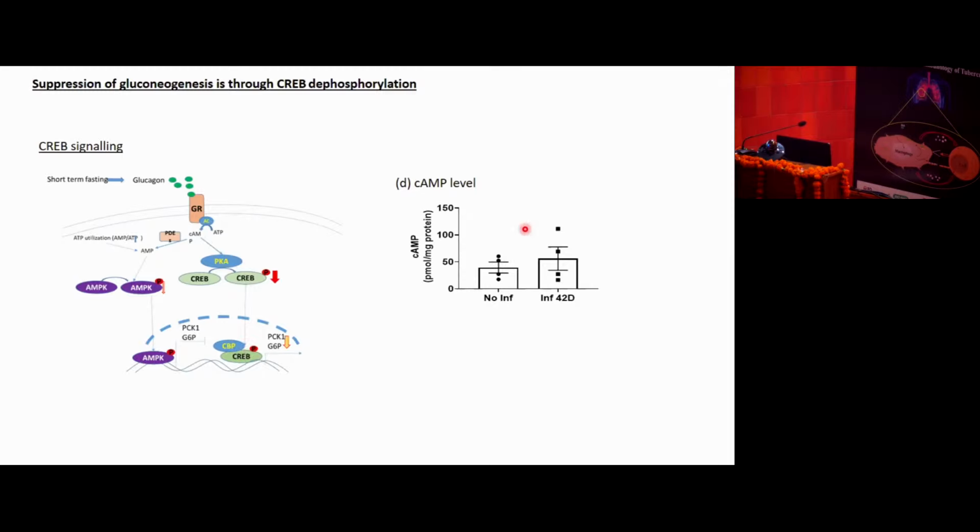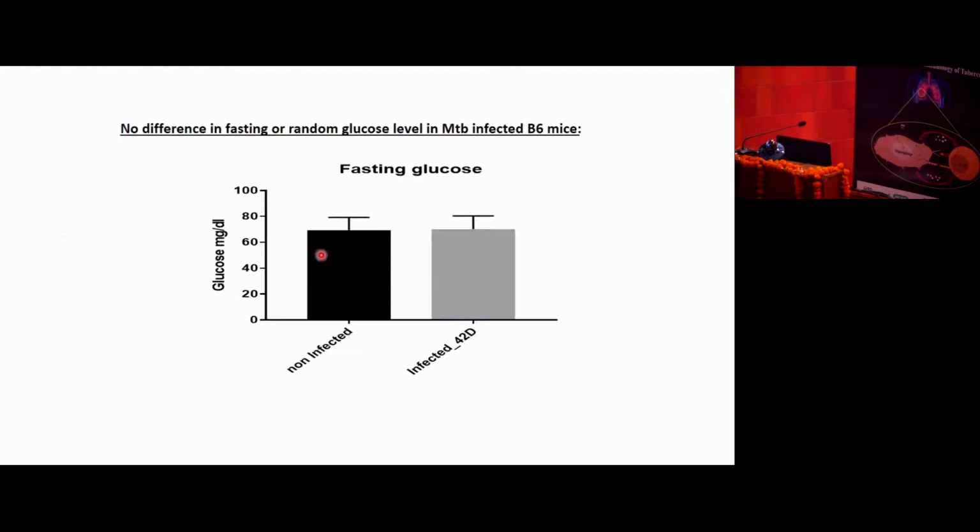We looked at the cAMP level, and we found that there is no difference between infected and uninfected animals. So it's likely that something is happening in between, and we are working to find out what is happening, not because the pancreas is producing less glucagon, or probably the glucagon receptor is not very effective in tuberculosis.